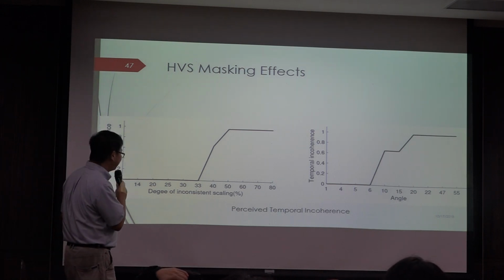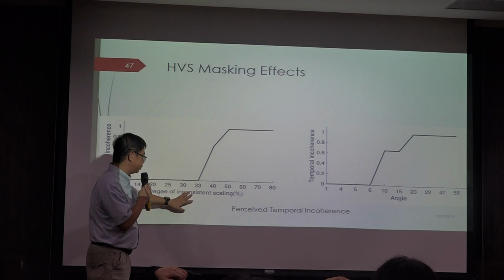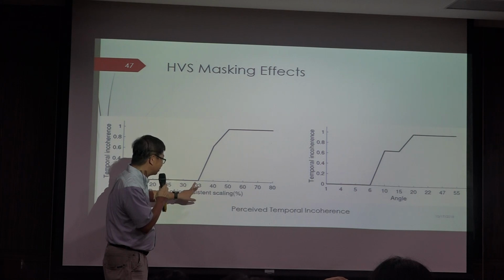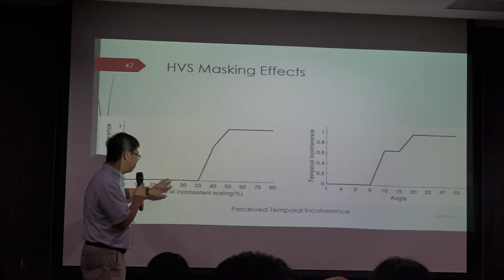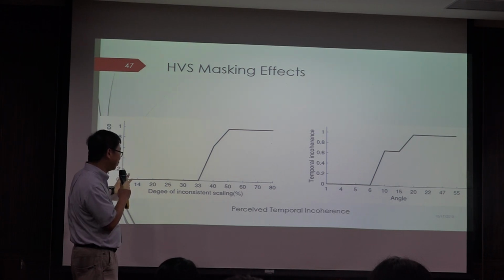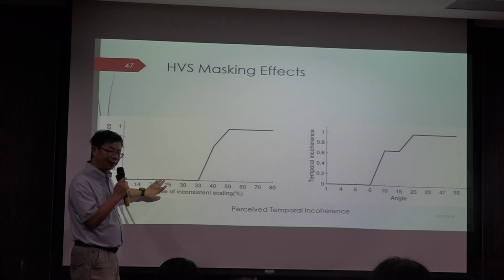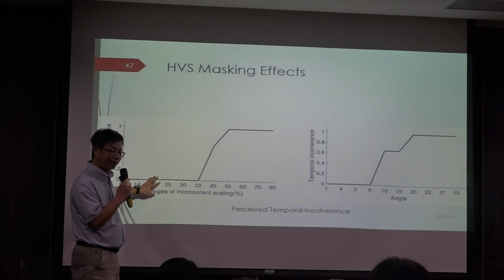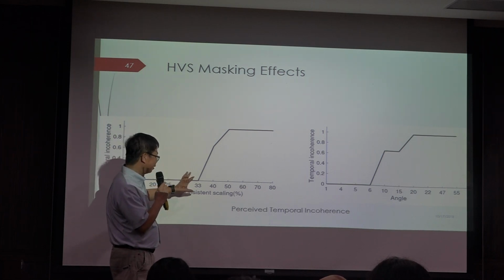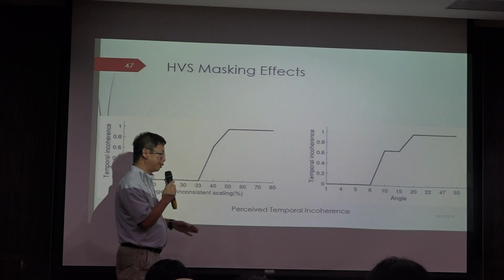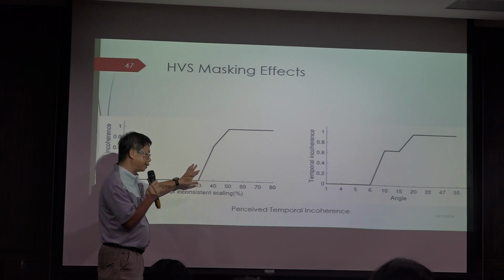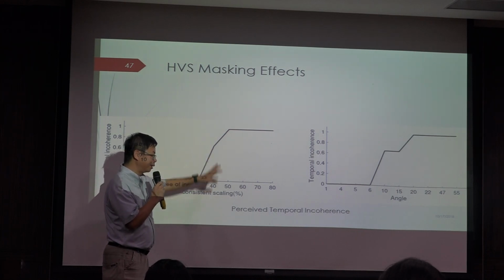We can see that below around 30% degree of inconsistent scaling, the HVS cannot perceive such temporal inconsistency artifacts. Only when the inconsistency between the left view and right view exceeds some threshold for the boundary non-paired region can our HVS perceive such a large degree of inconsistency.